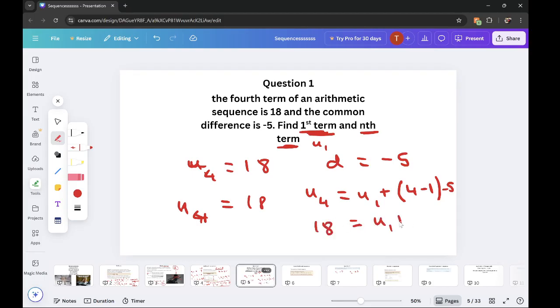So u4 is equal to u1 plus 3 times -15. So u1 can be given as, so what's 3 times 15? 45. 45 minus 18 is 27. So -27 is what u1 is. Yes? I hope that makes sense.